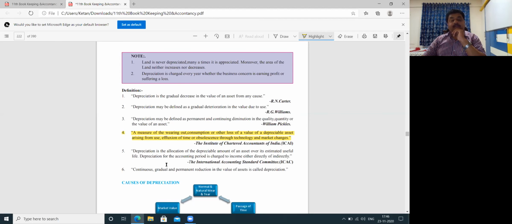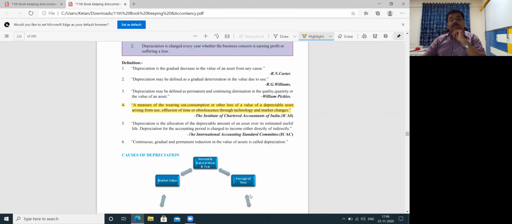Number 5, depreciation is the allocation of depreciable amount of an asset over its estimated useful life. Like I said, there is machinery of 5 lakhs, its life is 10 years, so every year 50,000 we are allocating. Depreciation for the accounting period is charged to the income either directly or indirectly.